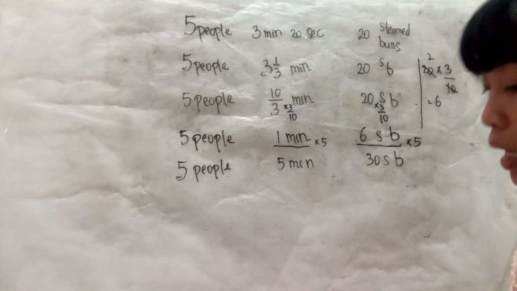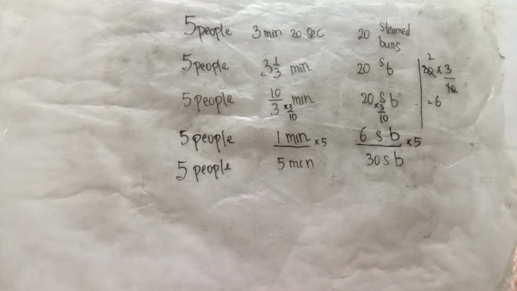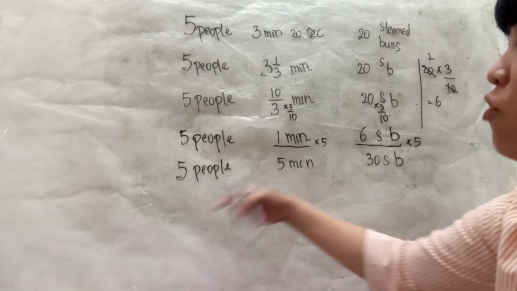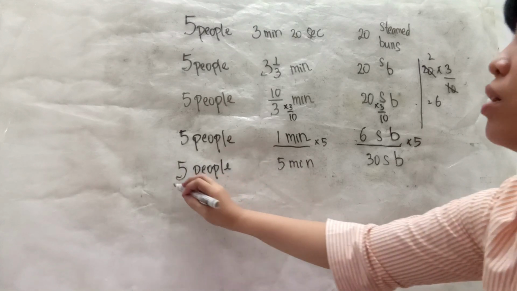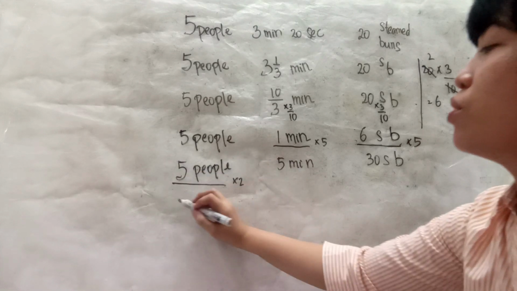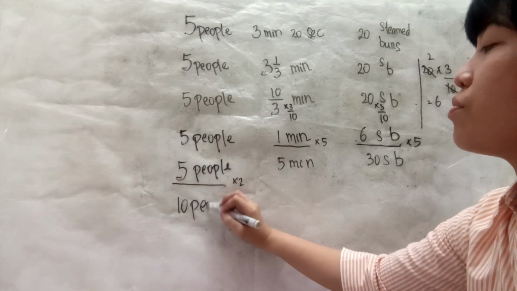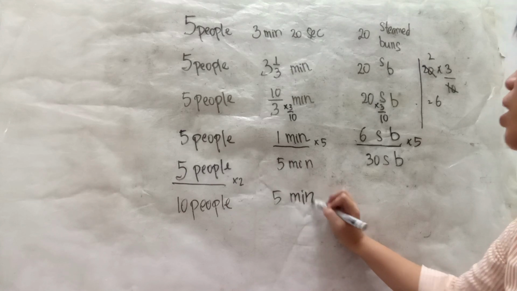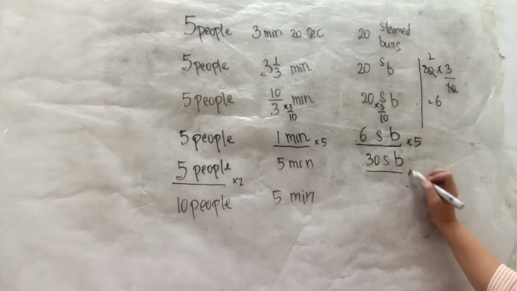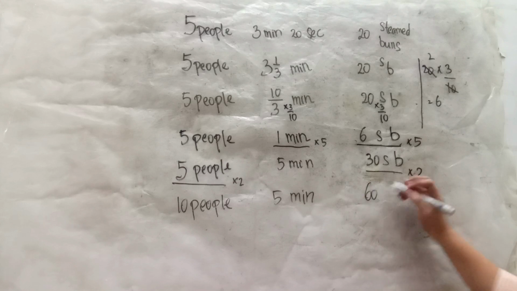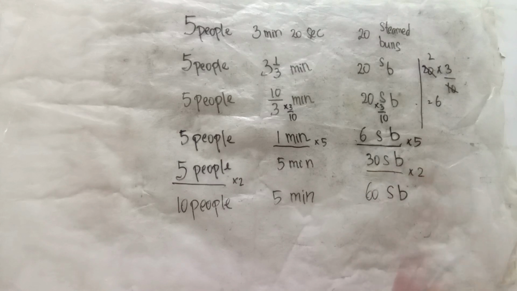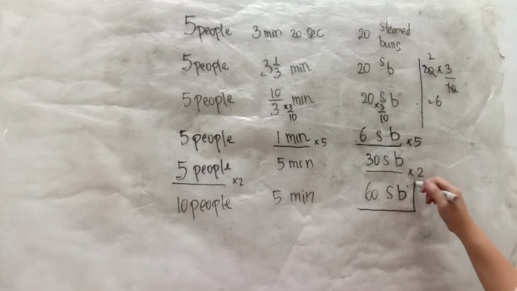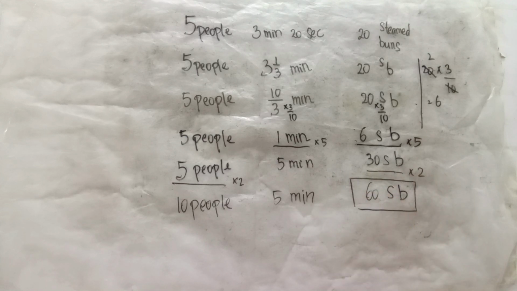The question asks for 10 people. How to make 5 become 10? Times this by 2. So 10 people in 5 minutes, this also must be times 2, will eat 60 steam buns.